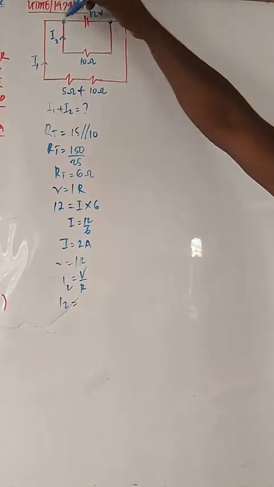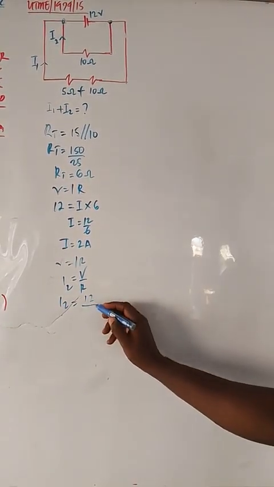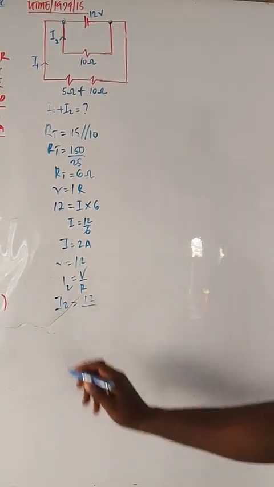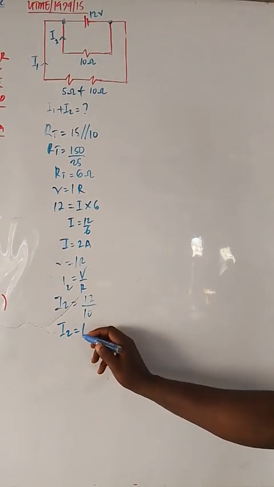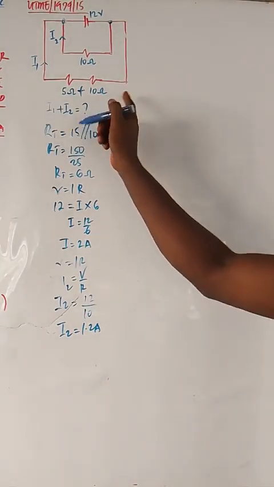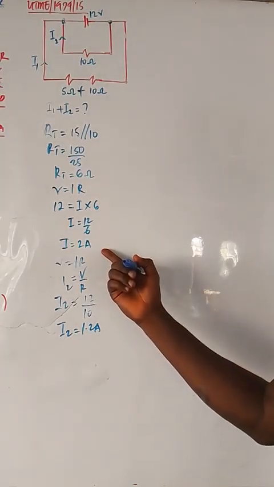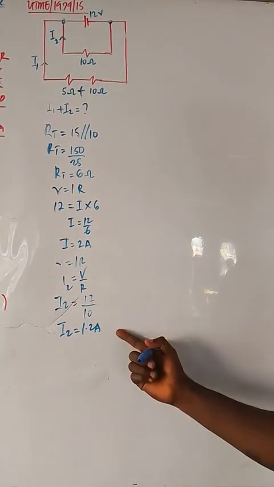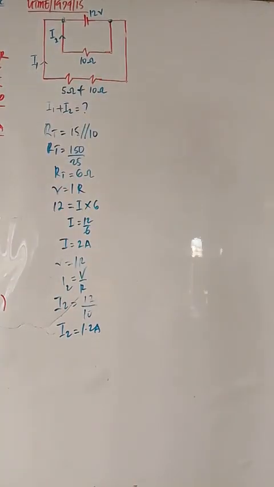This 10 ohms is in parallel with this 12 volts. So the voltage is 12. That was 12 over 10. So the current I2 alone is 1.2 amperes. For these two together, the same current passes through them. Already total current is 2 amperes. So if I do 2 minus 1.2, that's 0.8. It means the current passing these two combinations together is 0.8.